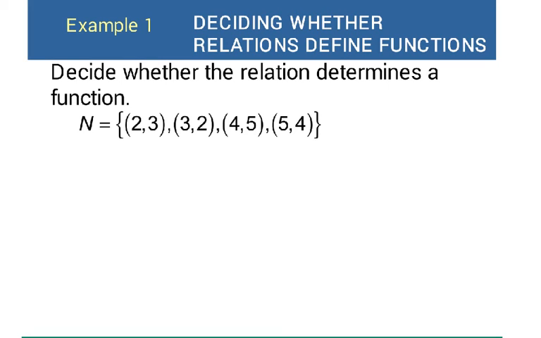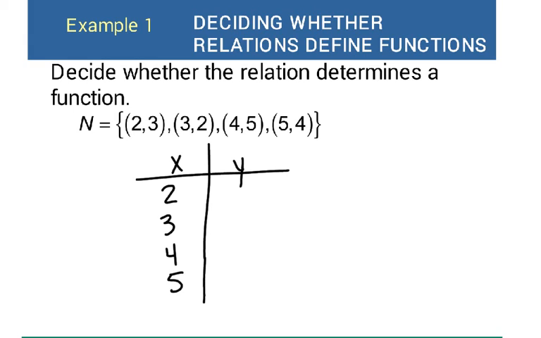Alright, let's do the same thing on this one. Let's separate it out into its x and y values. So we have 2, 3, 4, and 5, and 2, 3, 4, and 5.